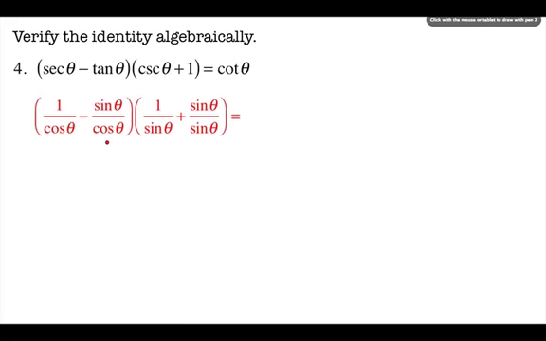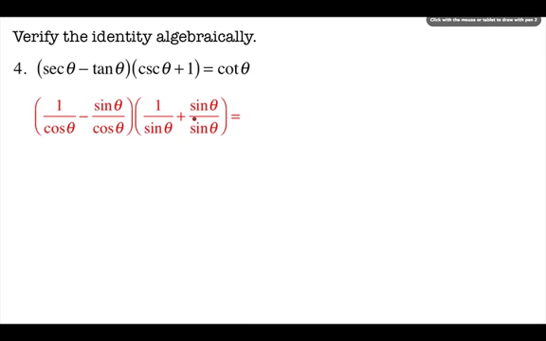So I took secant, reciprocal identity, tangent is equal to sine over cosine, reciprocal, and I rewrote this as sine theta over sine theta, the 1. Still the same thing. Now, why did I do that? Because I have to do something. I have to make it look like the right-hand side.